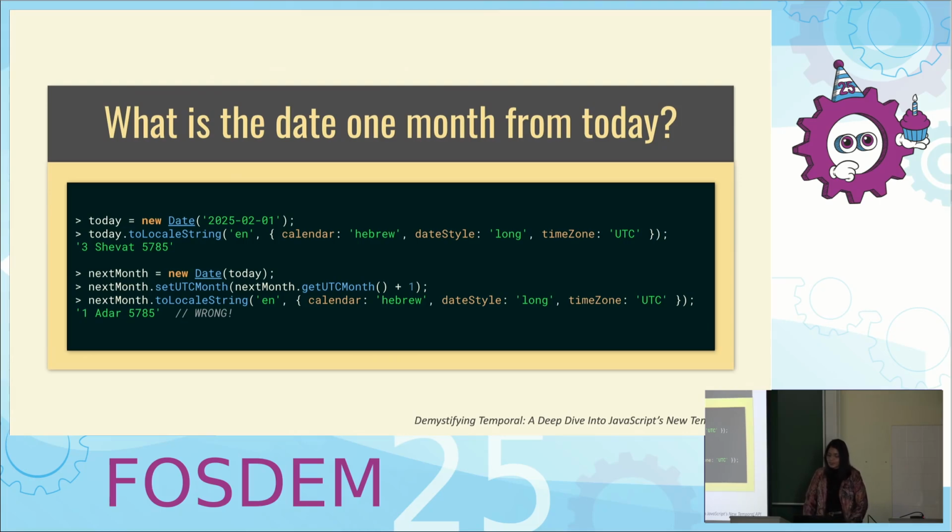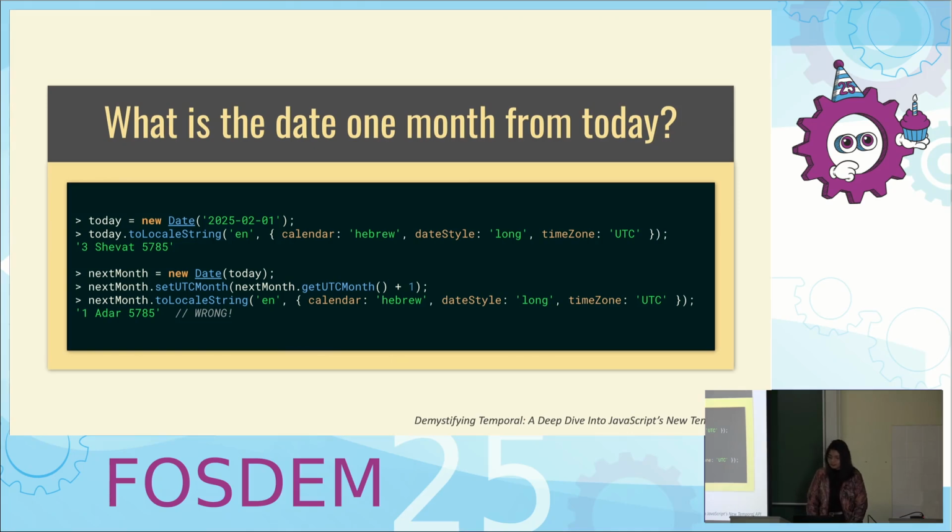I'll tell you why. Because you take the date and you set the month to the next month, and then output that string. That gives the wrong output, because 1st February and 1st March are not exactly 1 month apart in the Hebrew calendar.